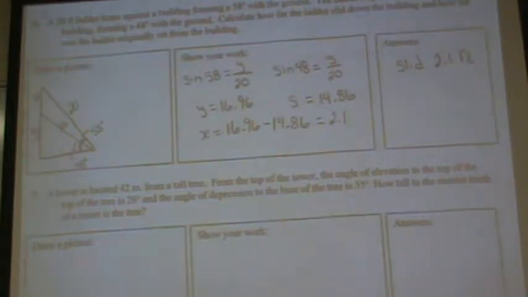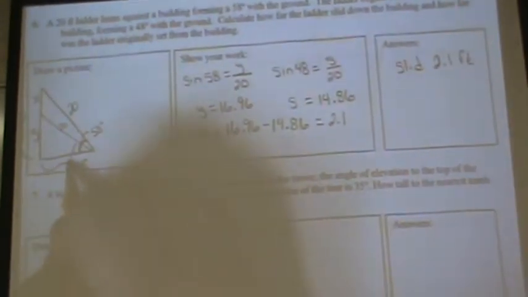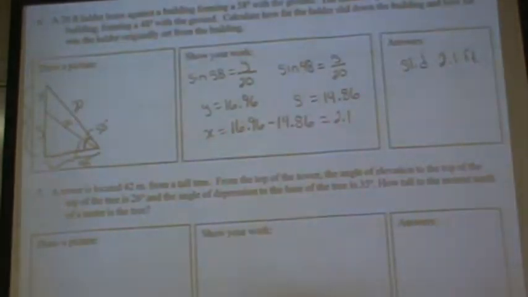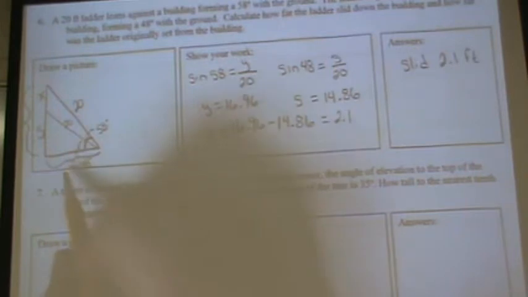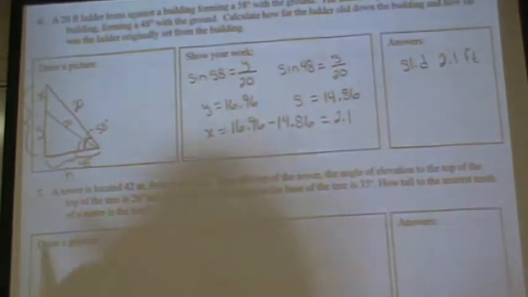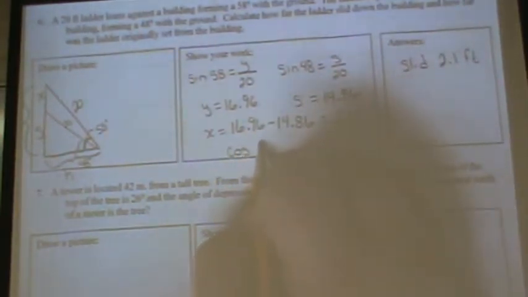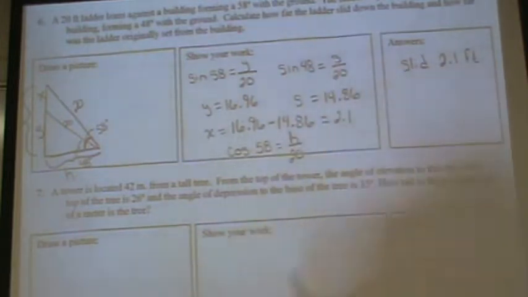Then we also need to find how far the ladder was originally set from the building. So we can use, again, our 58-degree angle. Now we're looking for the adjacent side, we'll call it h, and we're given the hypotenuse. So we're going to say cosine of the 58-degree angle equals h over the 20.